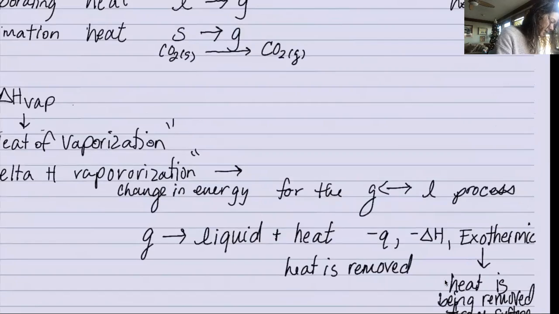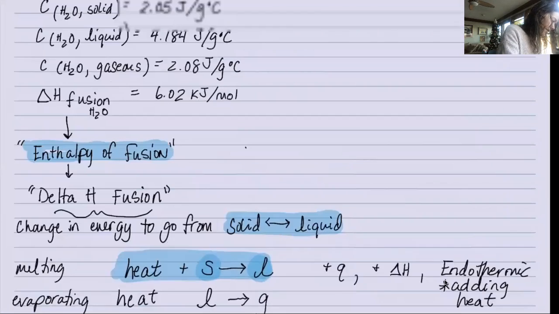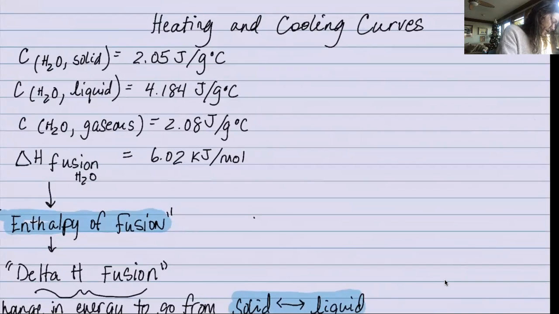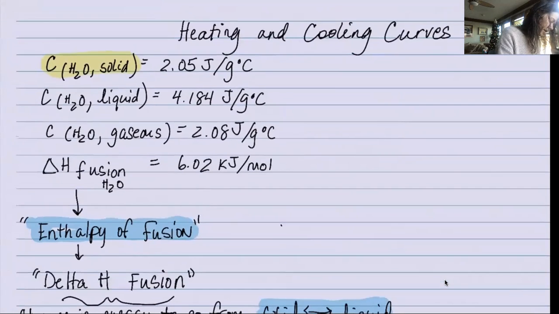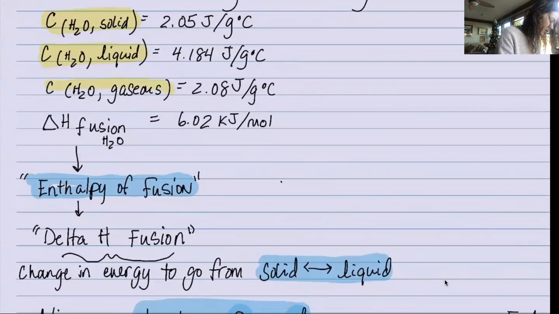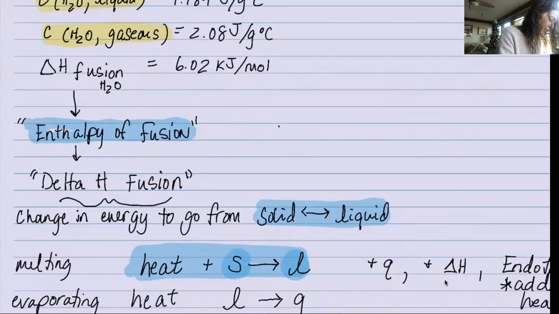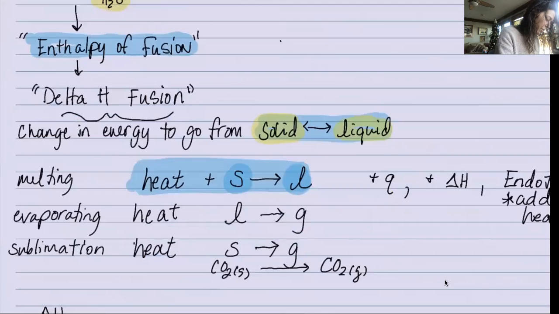All right, so we've got several terms here. We've got the specific heat of water in a solid state, the specific heat of water in its liquid state, the specific heat of water or H2O in its gaseous phase. We have the heat of fusion for water. That's how much heat must be added or removed to go between the solid and liquid state of water.